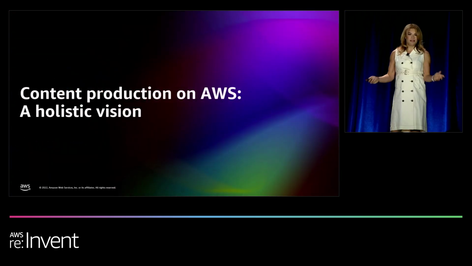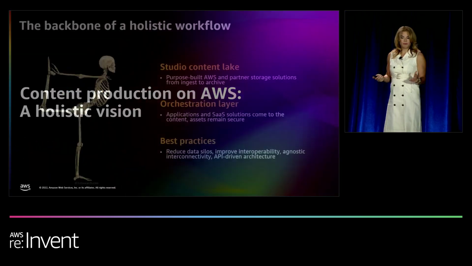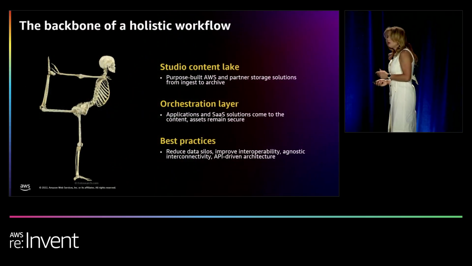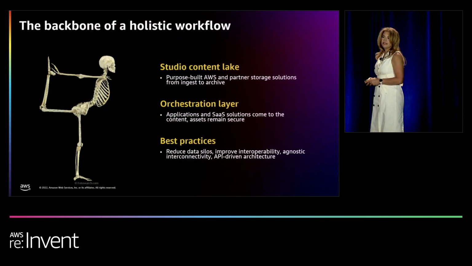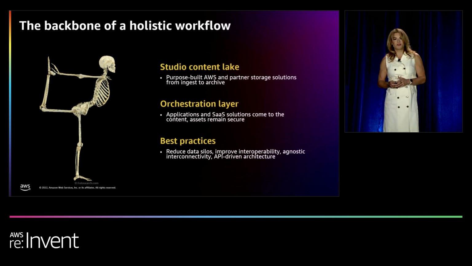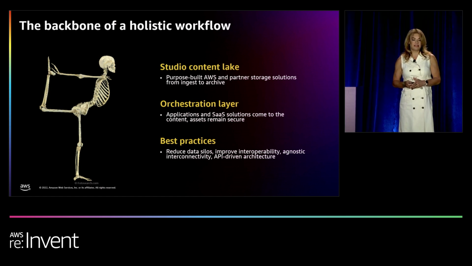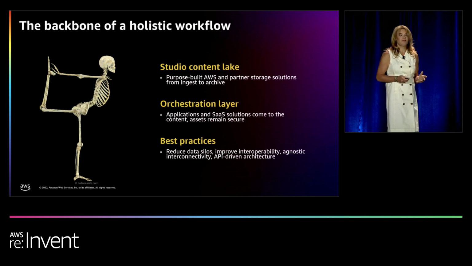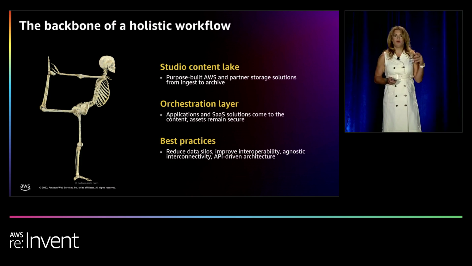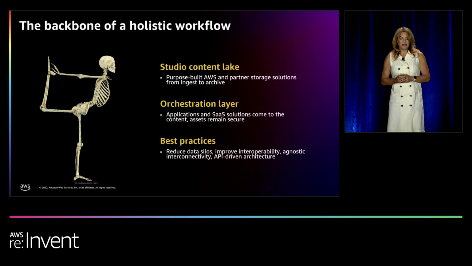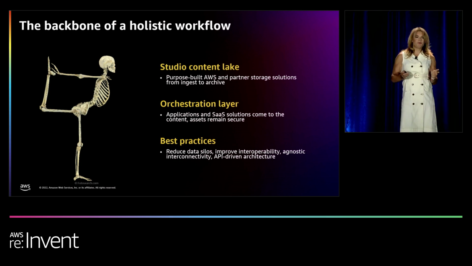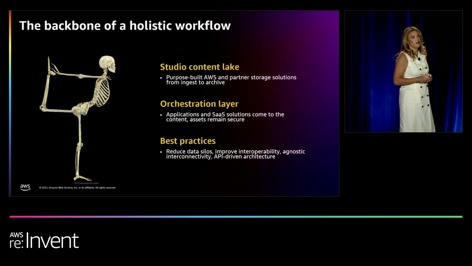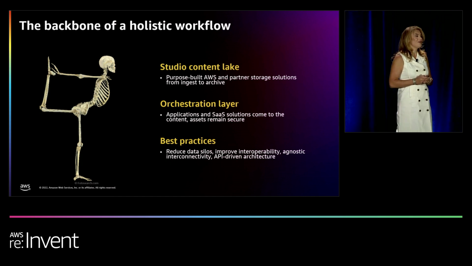So I want to talk a little bit about our holistic vision for content production. It all really starts with the Studio Content Lake. And this is leveraging Amazon's Simple Storage Service to store your original camera files in the cloud. Then partner solutions to facilitate the population of that content lake, things like Qumulo, Weka, Pixit. But AWS shouldn't just be viewed as underlying infrastructure.